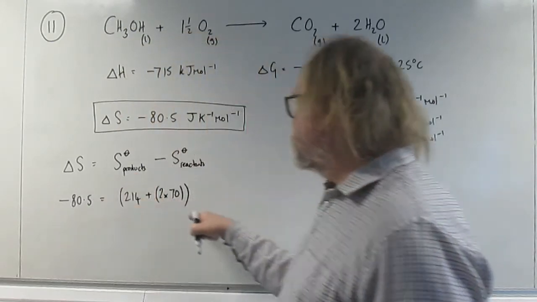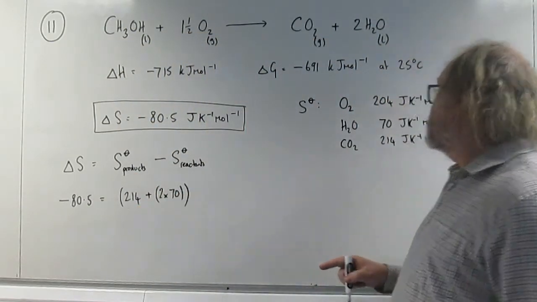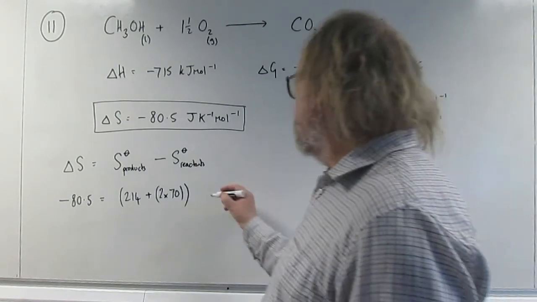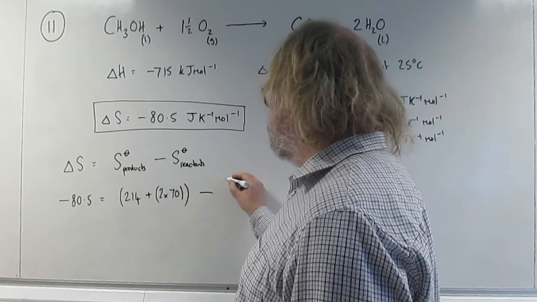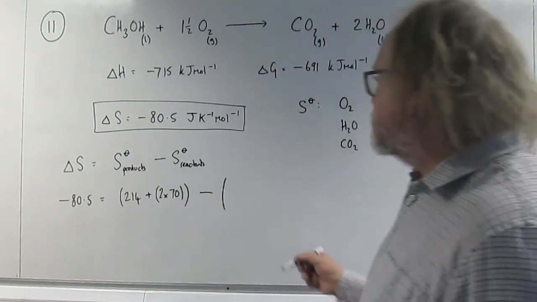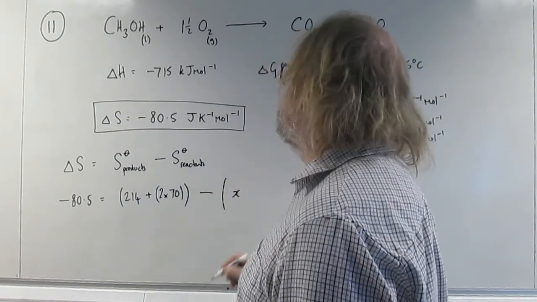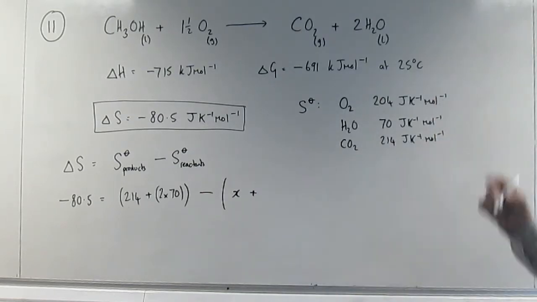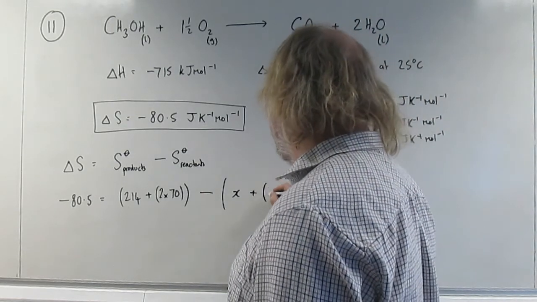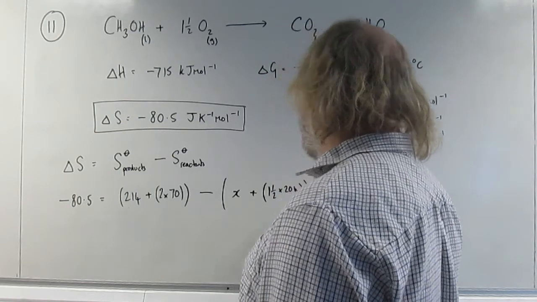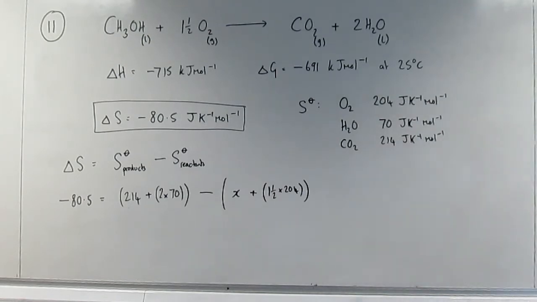Okay, so that's S naught of the products, 1 lot of CO2 and 2 lots of water, and then minus S naught of the reactants. So the reactants we've got our methanol, which is X, that's the one we don't know, so we'll call it X, plus 1.5 lots of oxygen, so 1.5 times 204. Okay, so then it's just a case of rearranging that to solve for X.